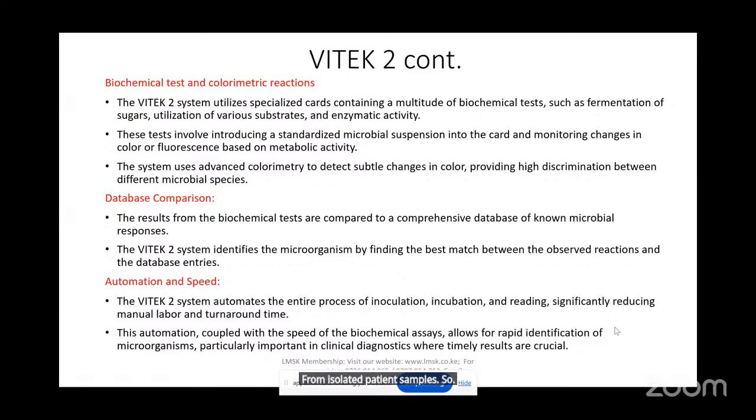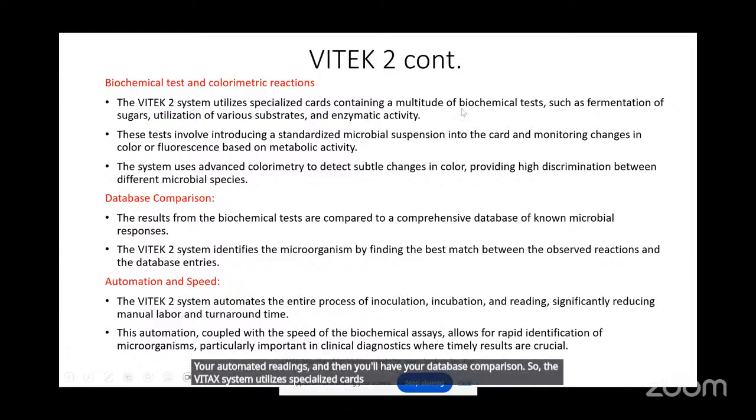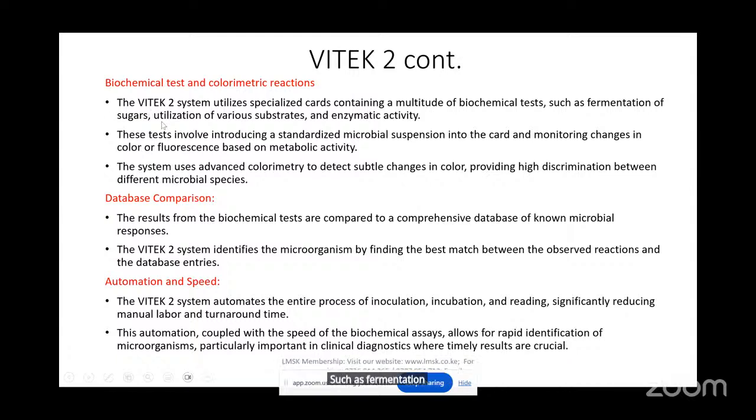Vitek still utilizes biochemical tests. The only difference is it has a colorimeter, which will now do your automated readings, and then you'll have your database comparison. The Vitek system utilizes specialized cards containing a multitude of biochemical tests, such as fermentation of sugars, utilization of various substrates, and enzymatic activity.